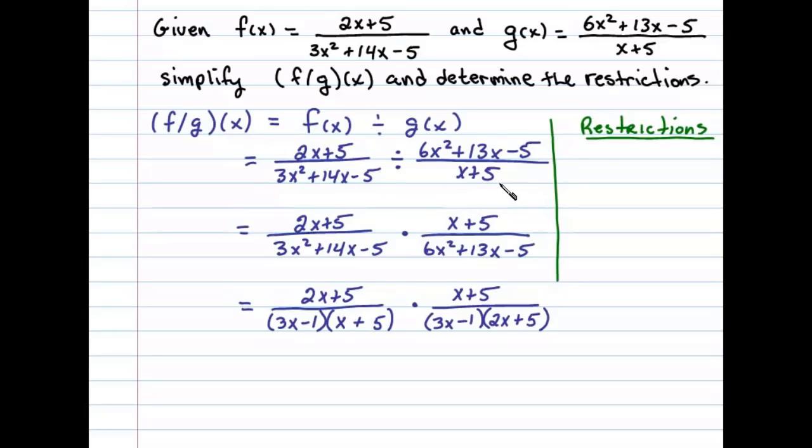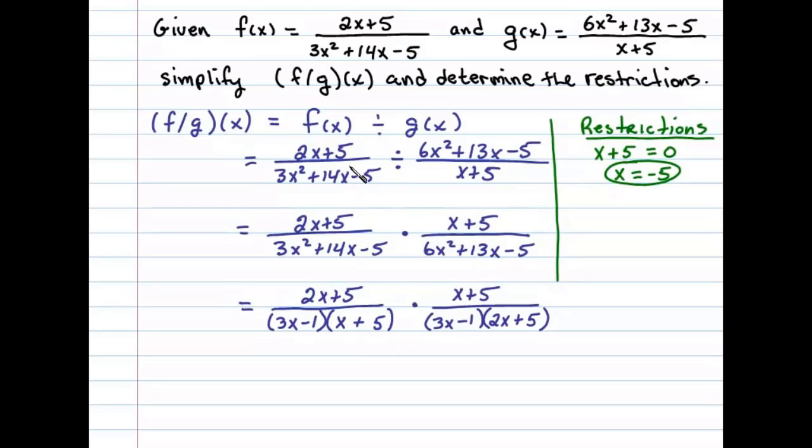And so we see here the factor x plus 5 will produce a restriction when that's equal to 0. In this case, x equals negative 5 is a restriction. And we can see that factor down here as well.